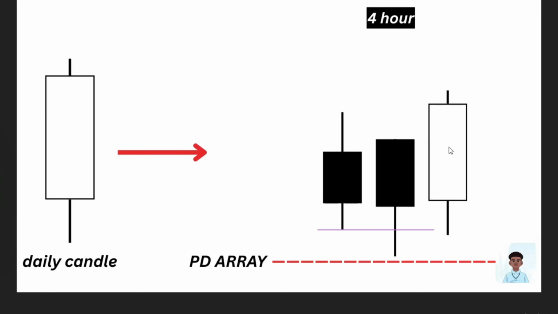So when you go to the 4-hour time frame, you identify a PDRE, and then on the 4-hour time frame, a new daily candle is going to print at 17 EST, right? So when this candle is printing, mostly we are going to focus on the 1 a.m., the 5 a.m., and the 9 a.m. candle.